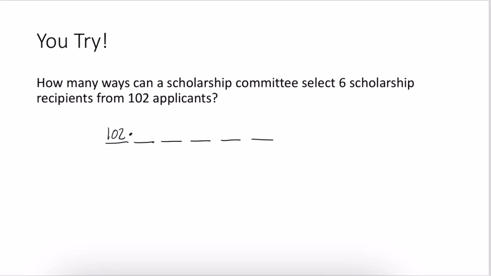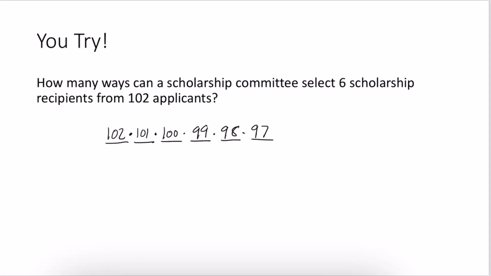The second recipient could be any of the 101 people who haven't already got the scholarship. The third recipient could be any of the 100 people who haven't got the scholarship after the first 2 have been chosen. And basically, you would continue this pattern down for a total of 6 numbers that are being multiplied, because you have 6 recipients that are being chosen.